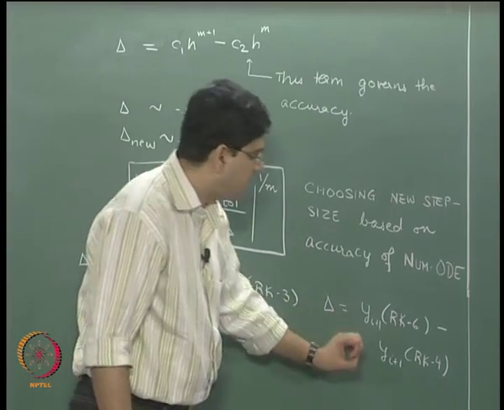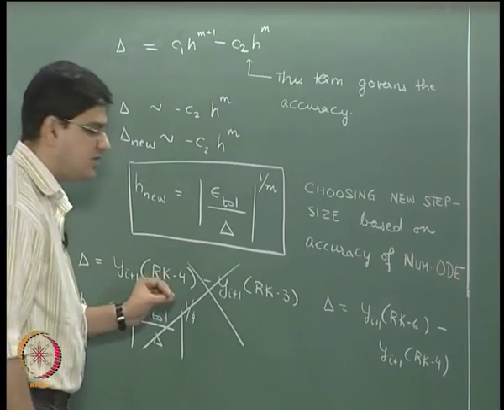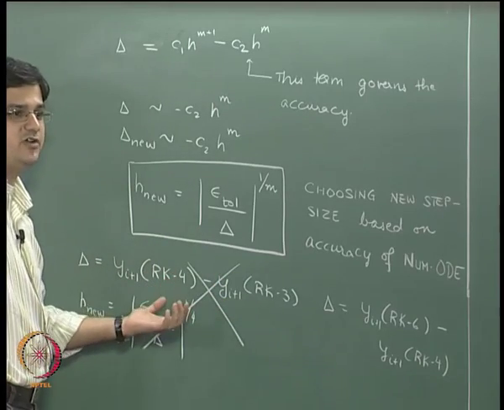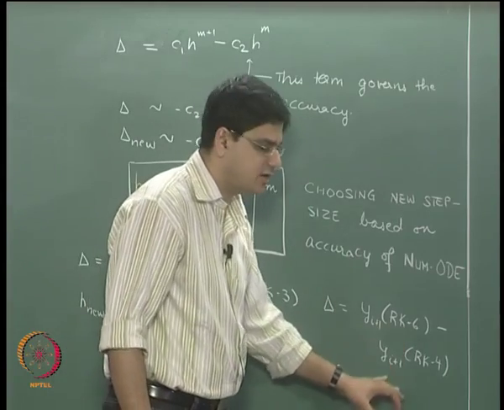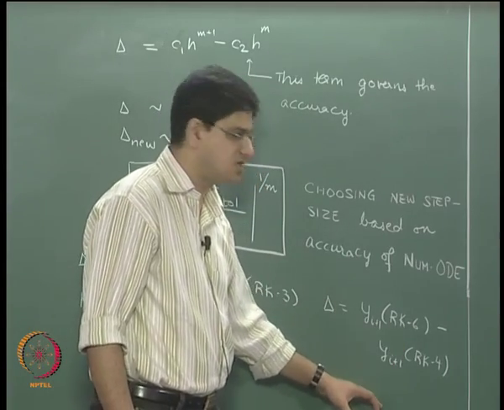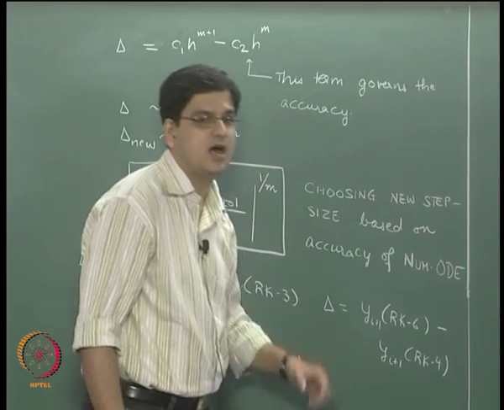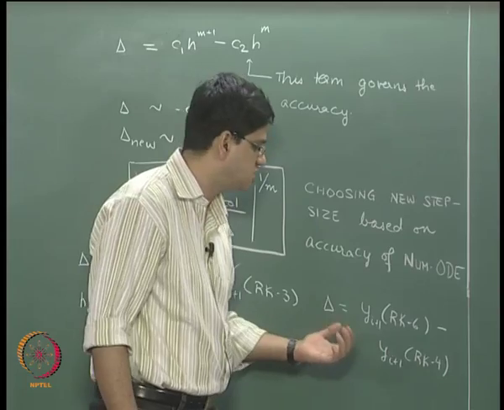Okay. But the catch is this: in the embedded RK methods, the various slopes are not evaluated at different points. The whole idea behind an embedded Runge-Kutta solver is essentially that the RK6 method and the RK4 method are going to share the data points at which various slope calculations are made.